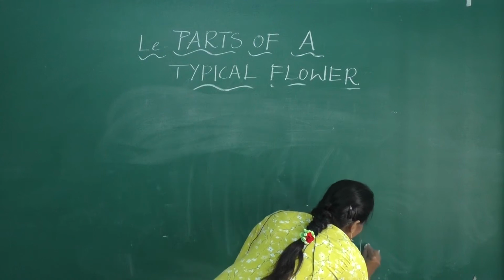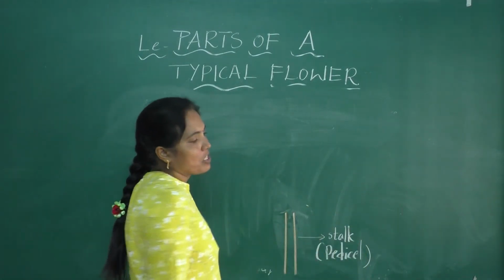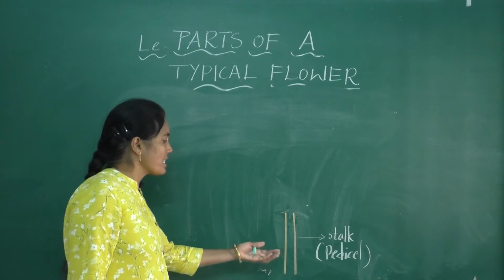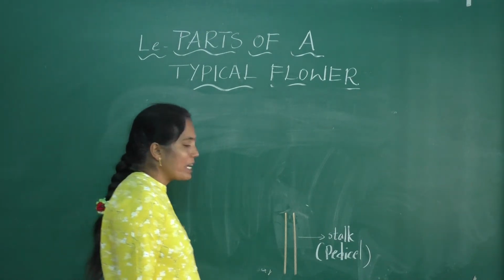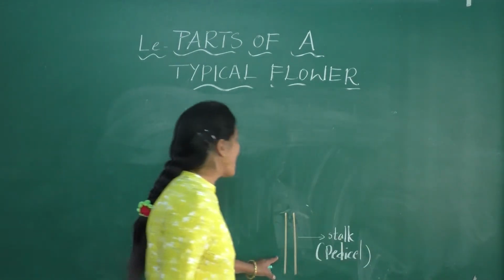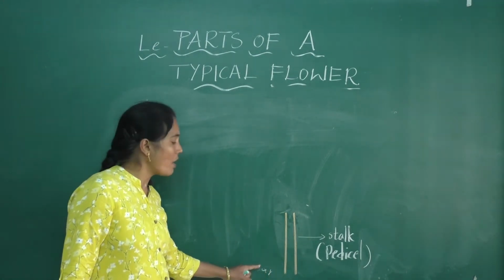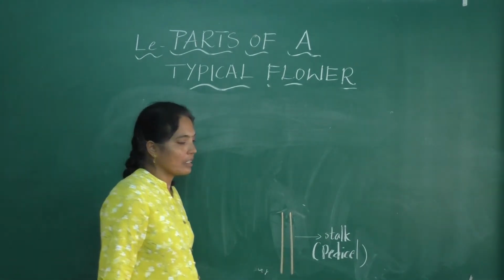Generally, in lower classes, you will call it the stalk. When you come to higher classes, you have to call it the pedicel. So, the part where the flower is borne is called the stalk or pedicel.